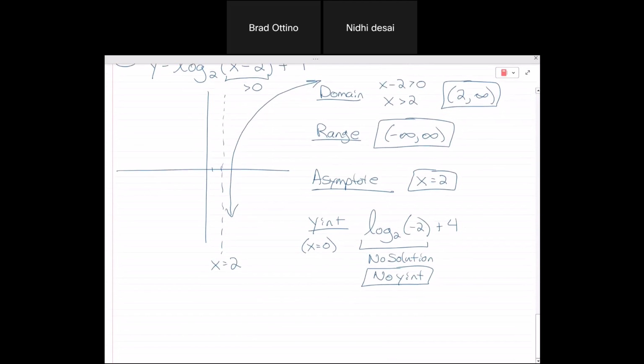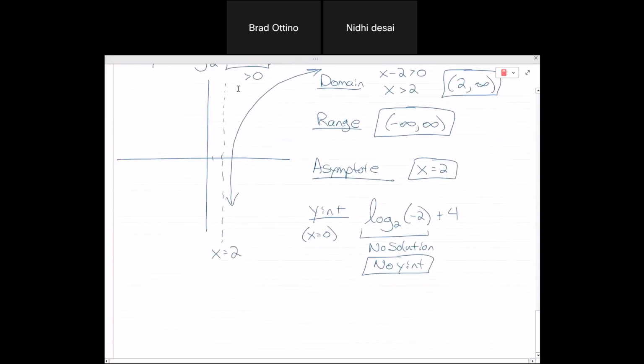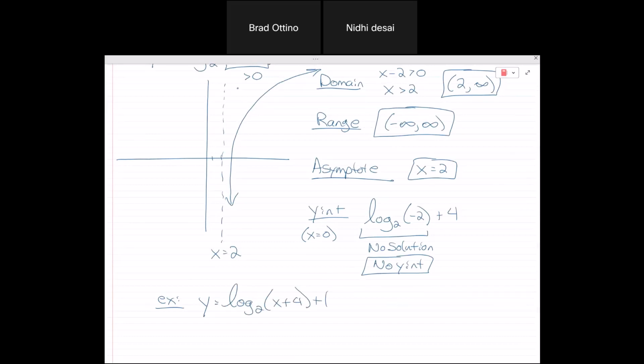If instead the graph went to the left, so let's just say we had another problem, and let's say the graph was y is equal to the log base 2 of x plus 4, plus 1, and we're trying to get the y-intercept of this. Obviously, this graph goes to the left 4, so to get the y-intercept, you'd plug in 0 for x. You just get log base 2 of 4.